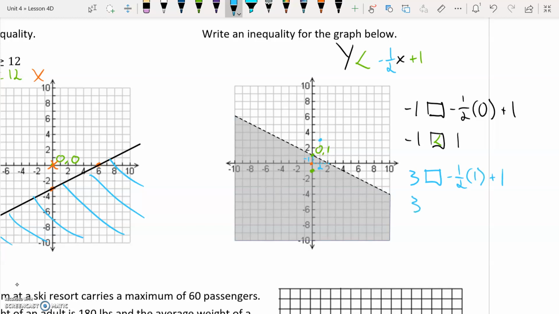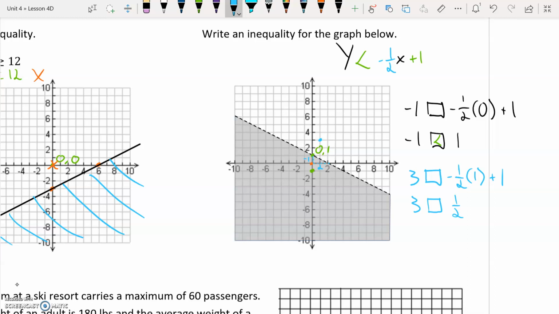If I simplify that, I get 3. And then this would be -1/2 plus 1. That would be +1/2. Now notice, 3 is greater than 1/2. So the inequality symbol that would make this inequality true would be a greater than symbol.